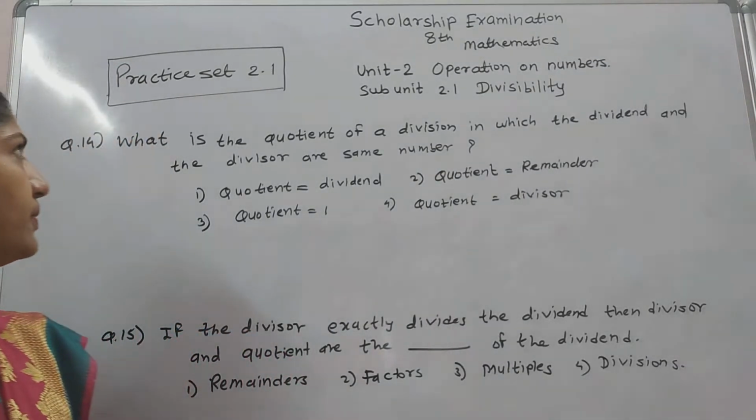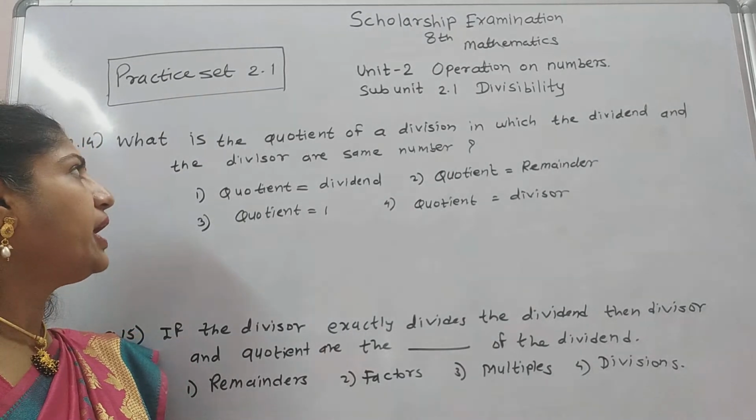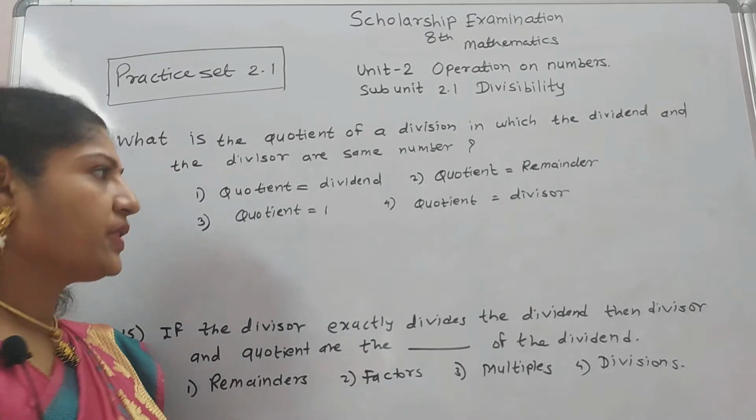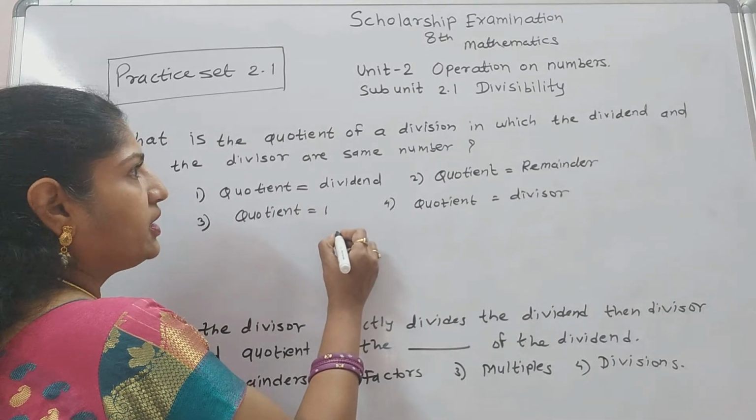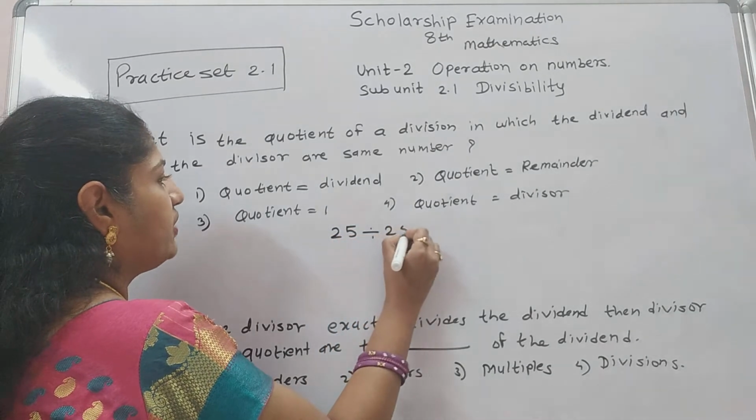Next question is, what is the quotient of division in which the dividend and the divisor are the same number? For example, 25 divided by 25.